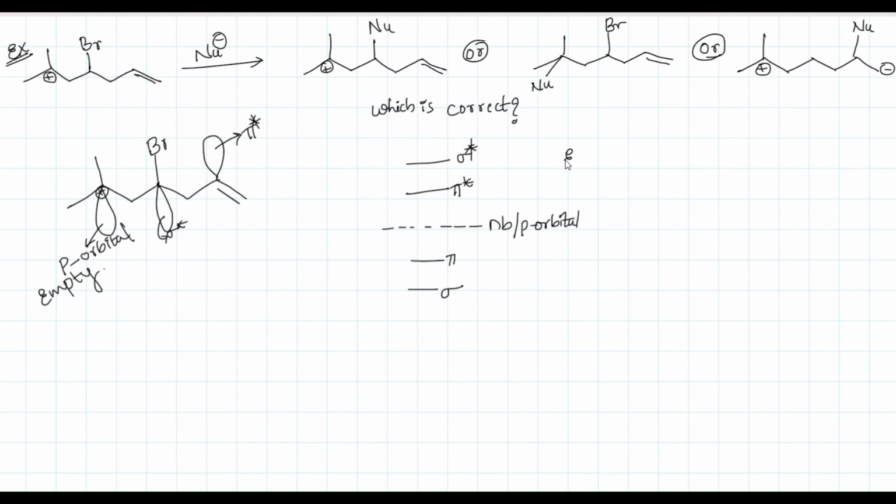So the energy order is: sigma star has higher energy than pi star, then non-bonding or p, then pi, then sigma, right? The nucleophile will attack where the lower energy orbital is. Why would it go to higher energy? It will attack the orbital which is lower in energy, right? According to this, it will attack the empty p orbital.